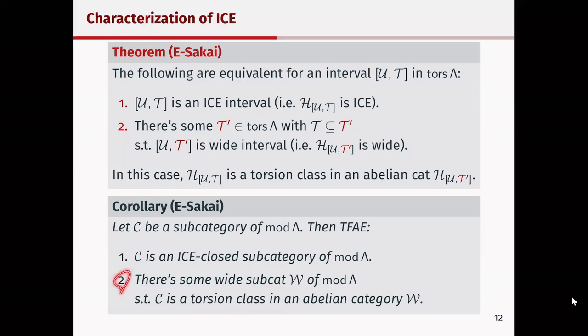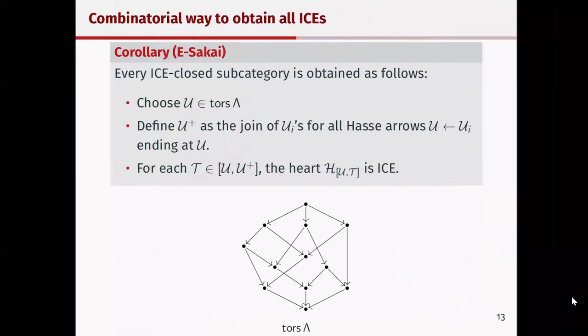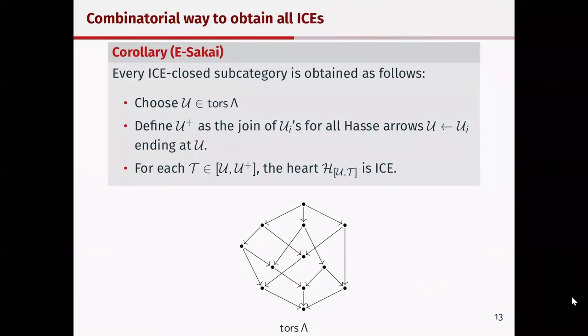So by using this, in the next section, I will talk about tilting theory to give some classification of ICE closed subcategories. And actually, if we are given the Hasse quiver of torsion classes, there is a very combinatorial way to obtain all ICE closed subcategories. So this is the Hasse quiver of torsion classes.